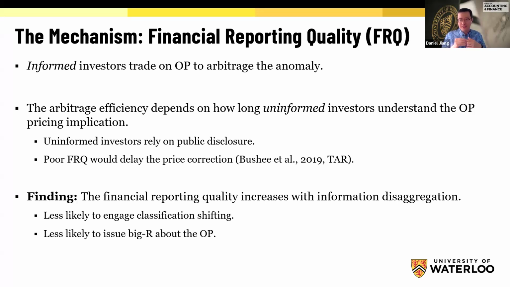So if the information disaggregation actually reflects good financial reporting quality, then it could also explain why it attenuates the magnitude of the operating profitability anomaly. And we do find some supporting evidence in our analysis. Specifically, we find that firms disclosing more granular information about operating profitability are less likely to engage in classification shifting, and they are less likely to issue material restatements about their operating profitability disclosure in the future.